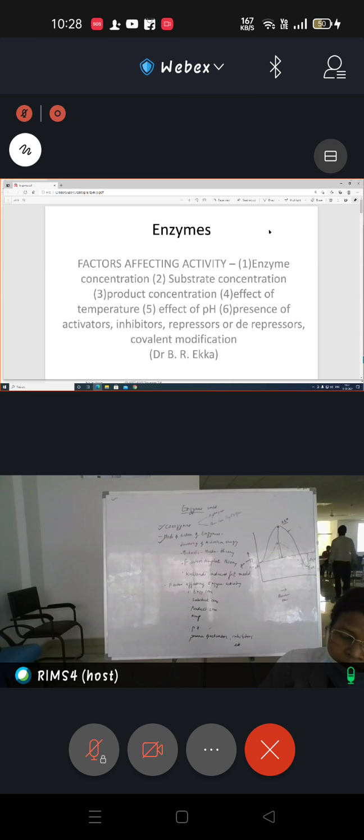And what we can see is that enzymes reduce the magnitude of this activation energy.